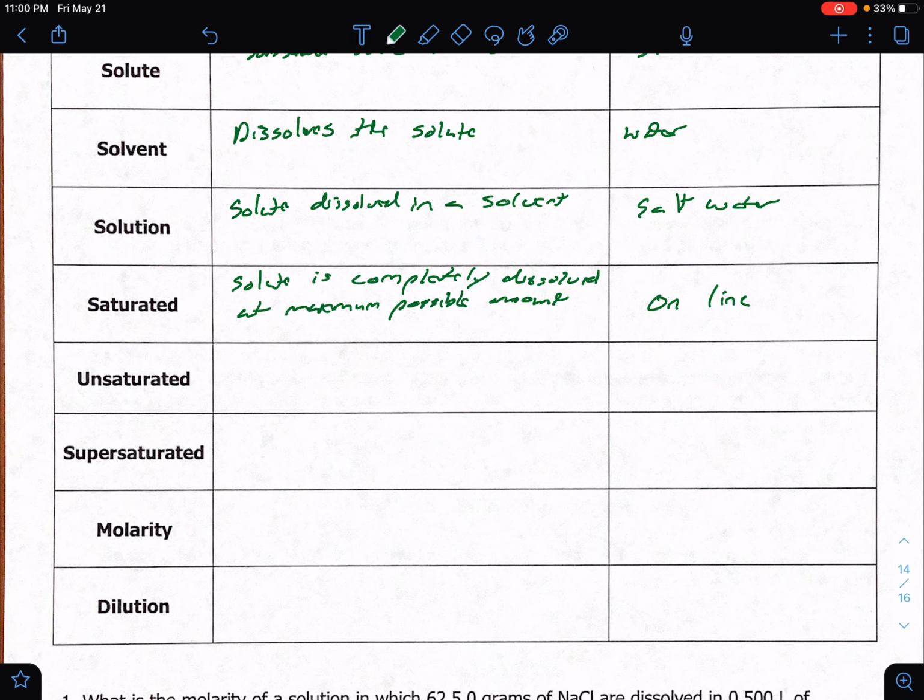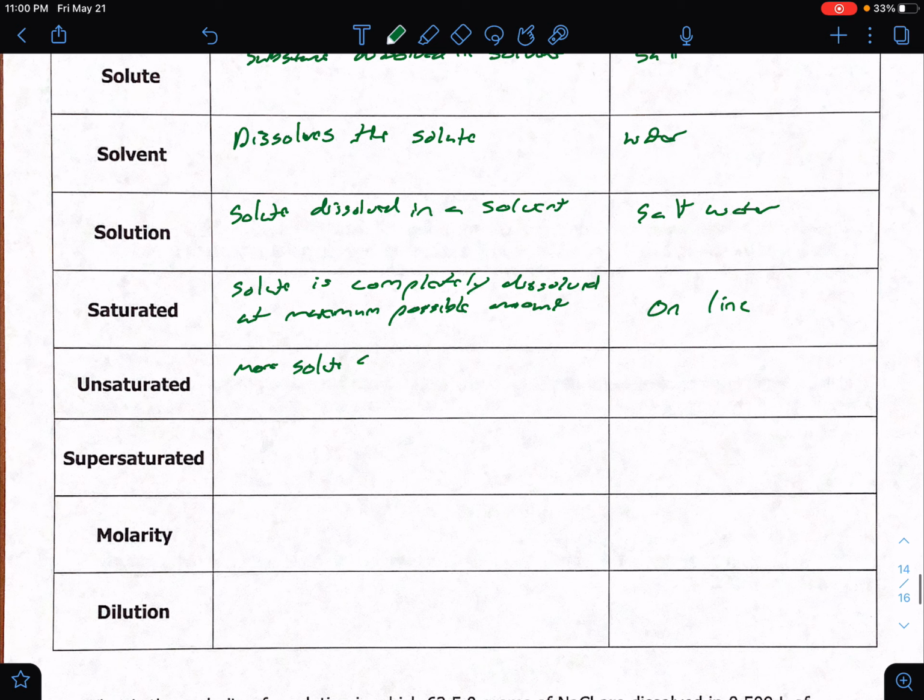Unsaturated means you can still have more solute added and still be dissolved. So that means you've still got room to add more, and it will still be dissolved. Okay, so this would be under the line. That is unsaturated. Supersaturated is the opposite.